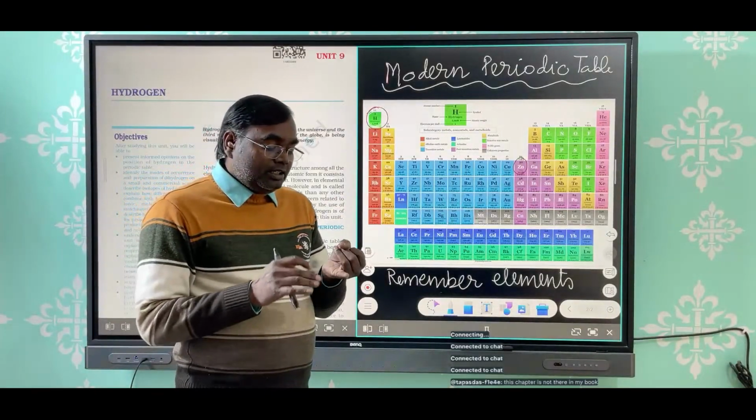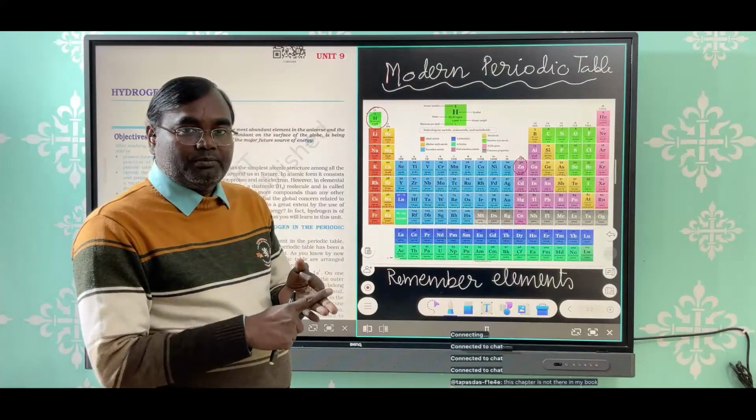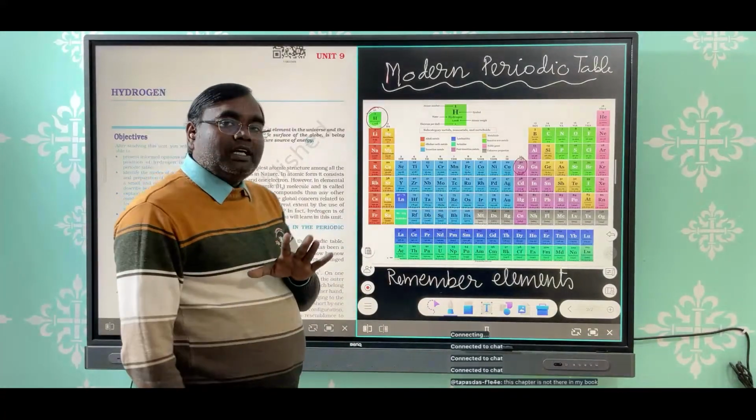It is easy, and you remember the symbol, the name, and the atomic number.